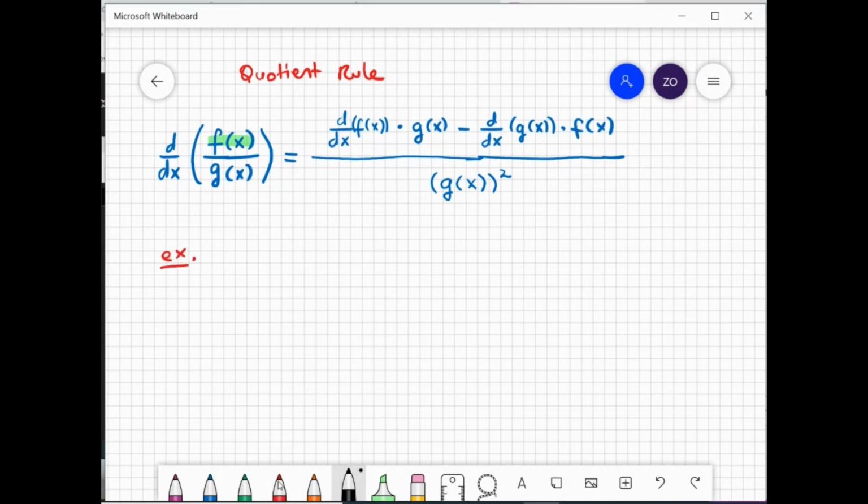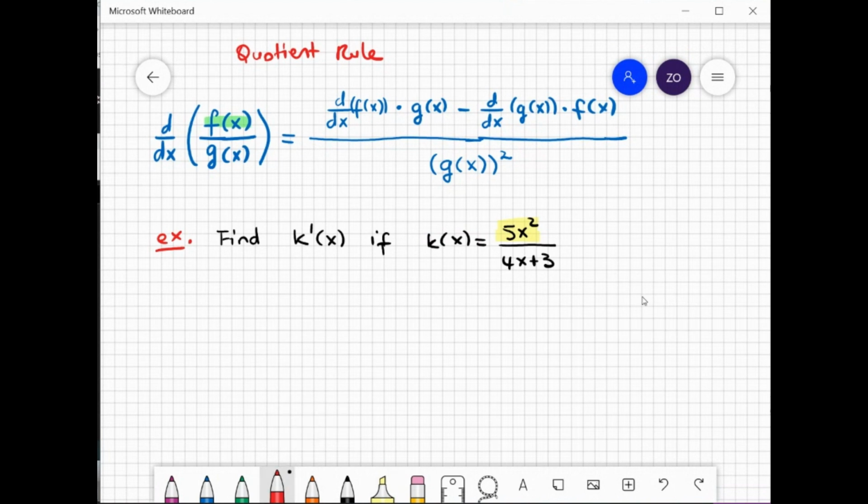So let me write an example. Let's find the derivative of the k function. Okay, if the function is 5x squared over 4x plus 3.